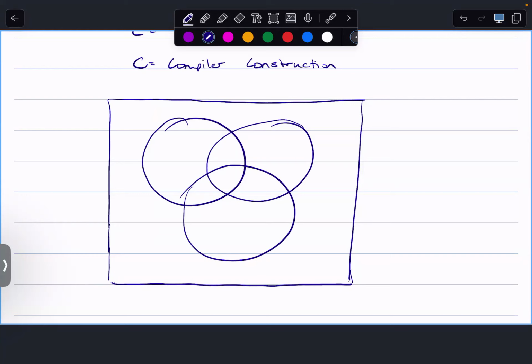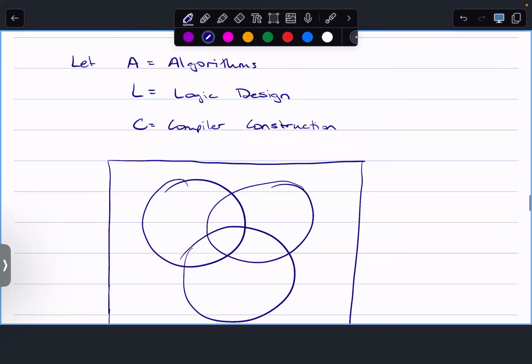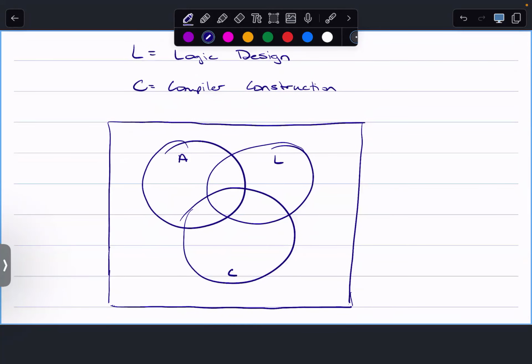The rectangle is the universal set, which we always use even if there's nothing in it, even if everyone's in the circle. Then I'm going to have A, L, and C here.